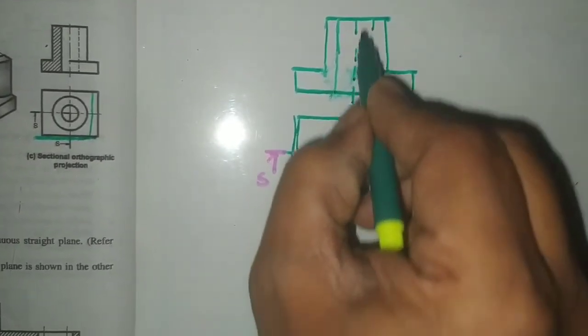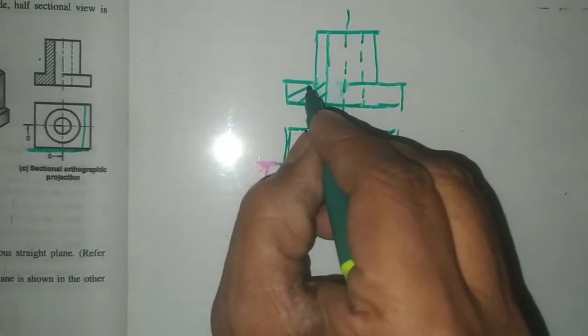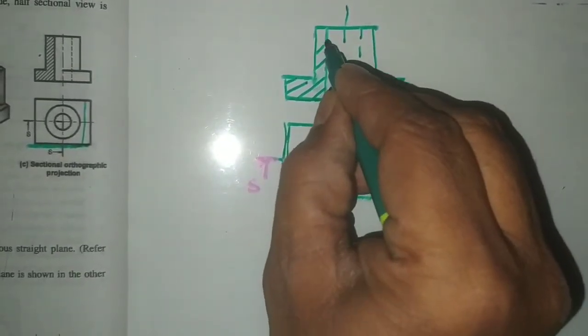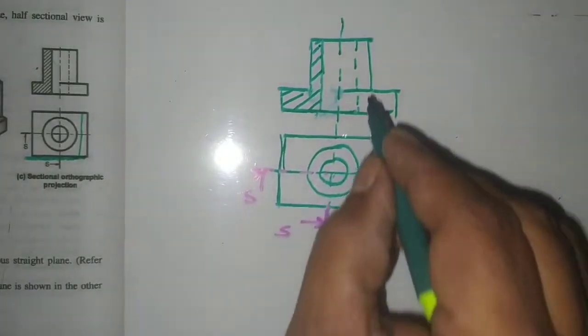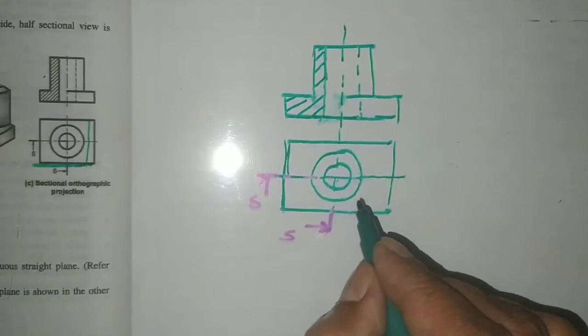This is the center line. Now only section lines are shown on this face, on this surface. Here the section lines are not seen because this is not part of the cut surface.